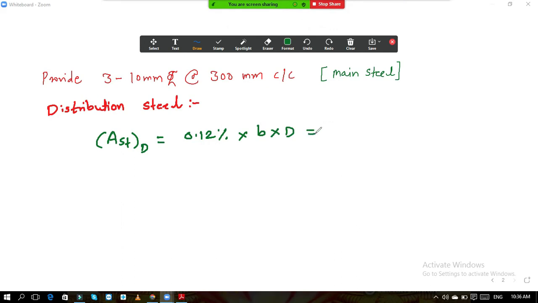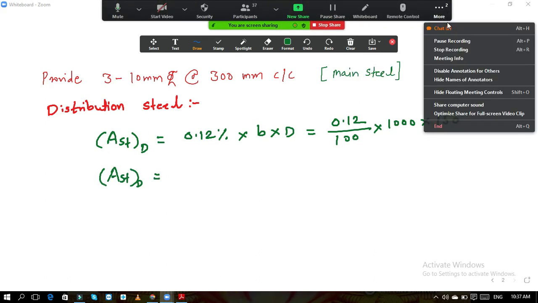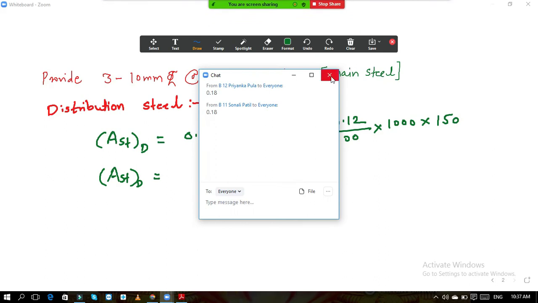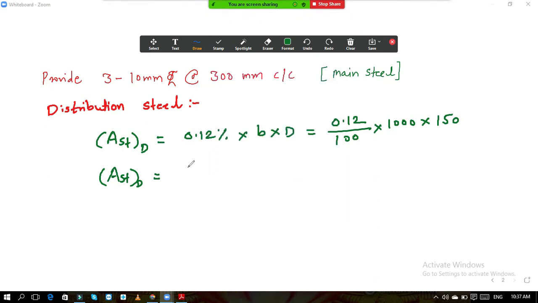Here we always take the overall depth. Now here it is percentage, so 0.12 divided by 100 multiplied by 1000 multiplied by overall depth, which is 150. If you solve this, you will get the value of Ast D. It comes out to be 180 mm square.